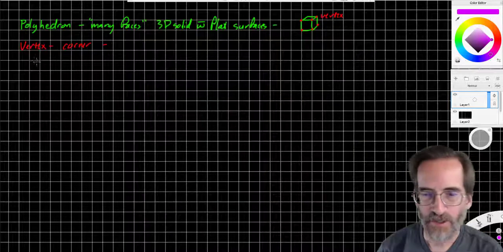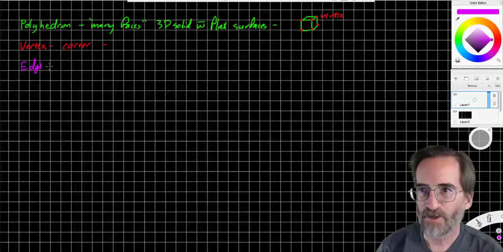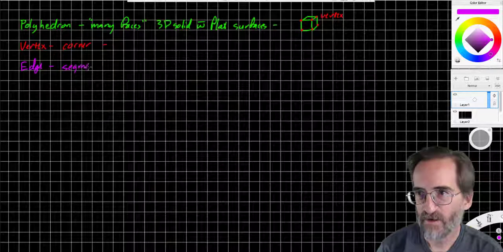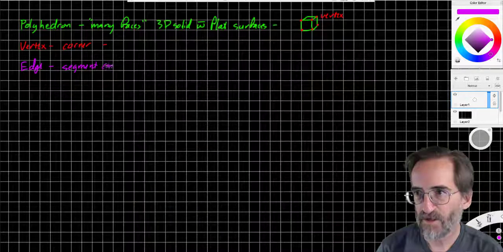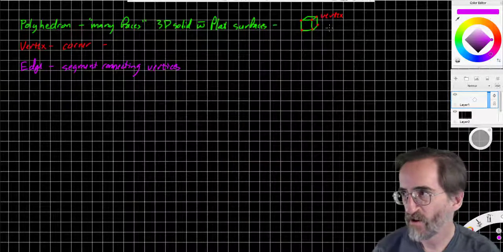Vertex, edge. Edge. A segment connecting vertices. So this is an example of an edge.